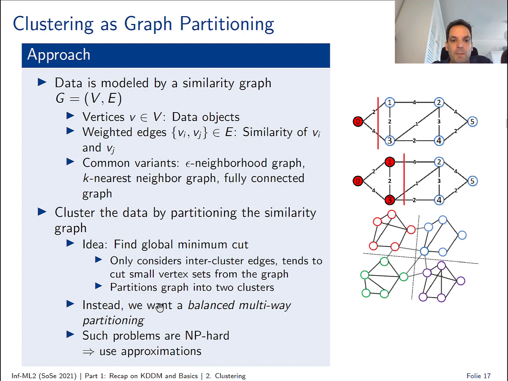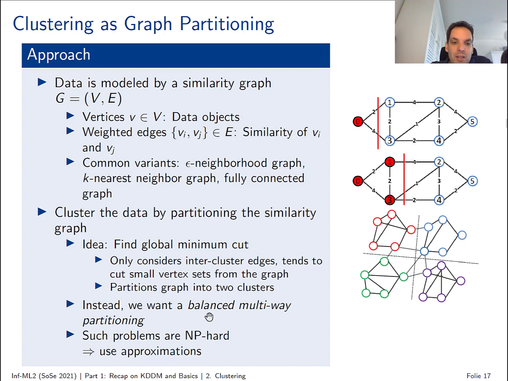So instead, we try to find a balanced multi-way partitioning, a multi-way cut, not only two partitions, and the whole thing is more or less balanced over the entire weights of the edges.